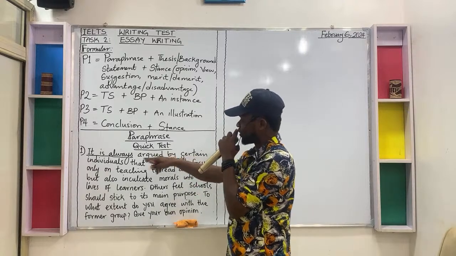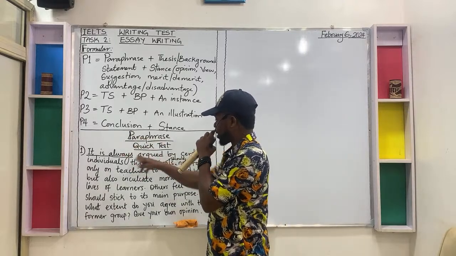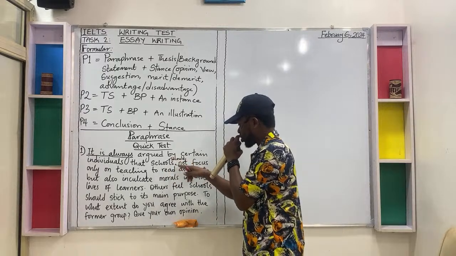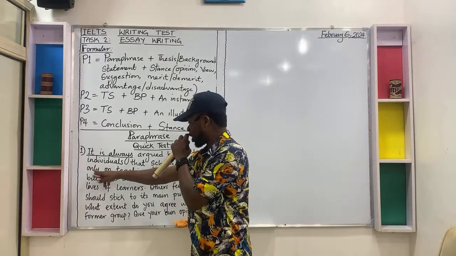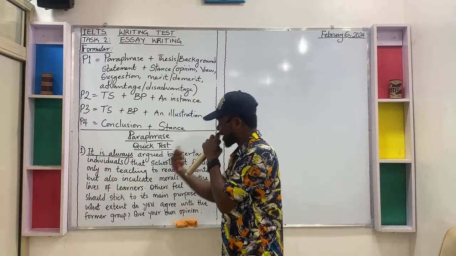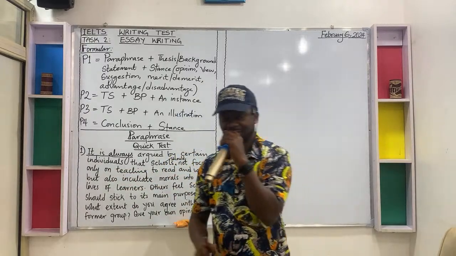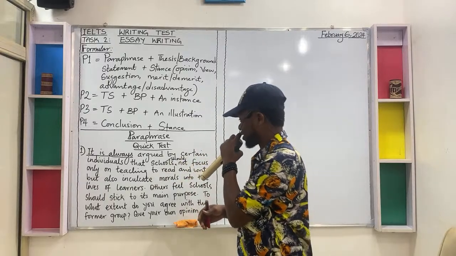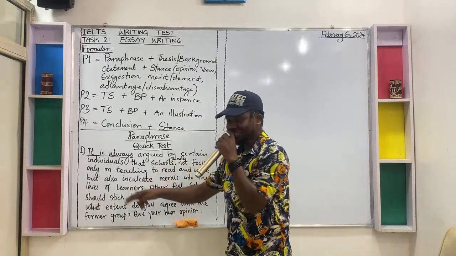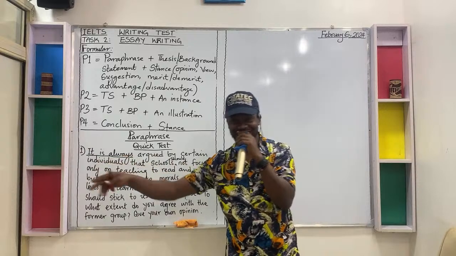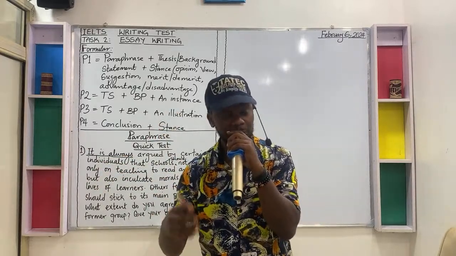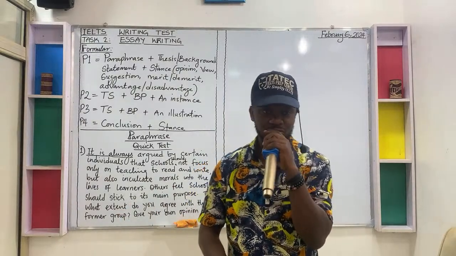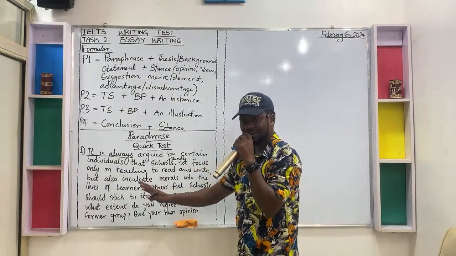A number of individuals often debate that academic institutions should not concentrate solely on educating learners to read and write, but also include, right? Nice. But also imbibe, include, imbibe, include, all right? Impact.